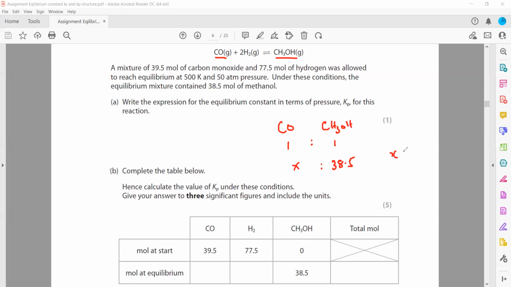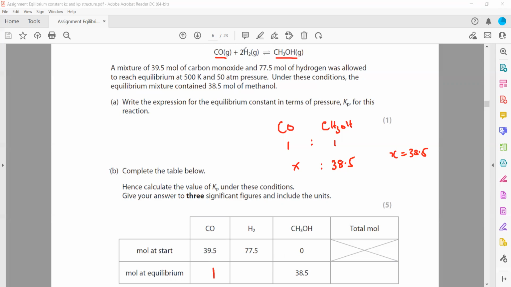When we cross multiply, the value of X is 38.5. So it means 38.5 moles of carbon monoxide are used or reacted, but we write how many moles are left at equilibrium. So if originally it was 39.5 and 38.5 reacted, what is the difference? 39.5 minus 38.5, so it will be 1 mole.